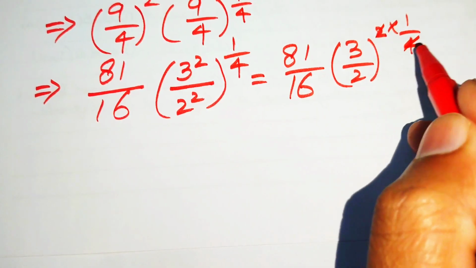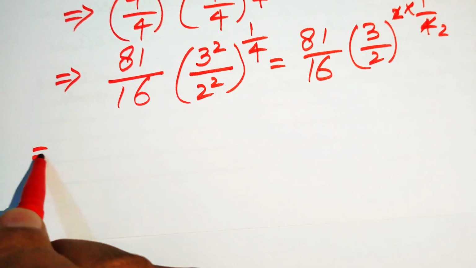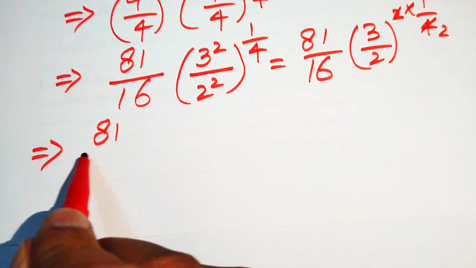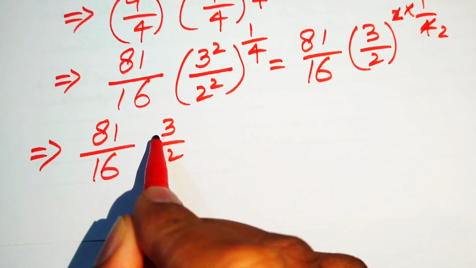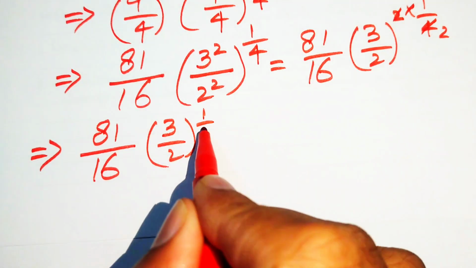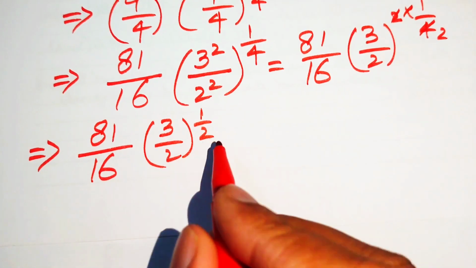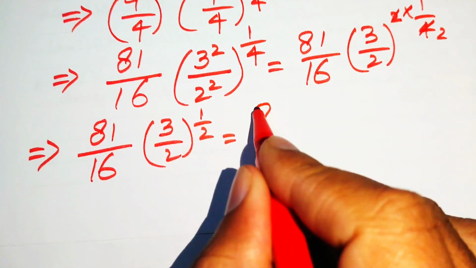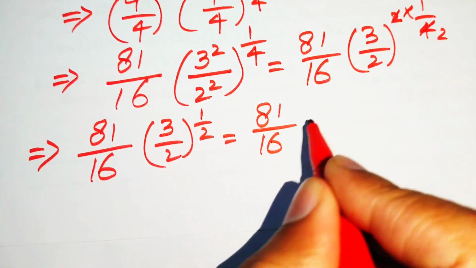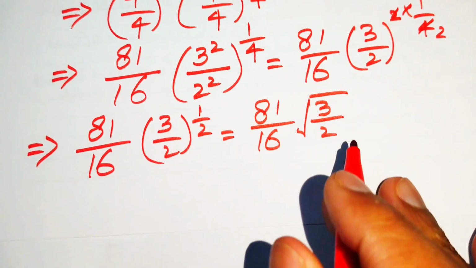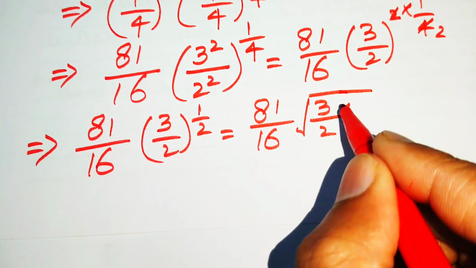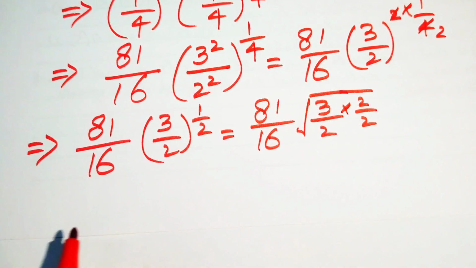These two 2's make 4, and we obtain 81 over 16 into 3 over 2, and its exponent is 1 over 2. We write this 1 over 2 as 81 over 16 into the square root of 3 over 2. Here we multiply inside this square root by 2 in this way.